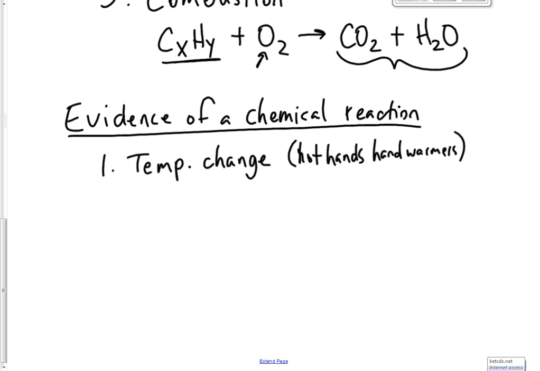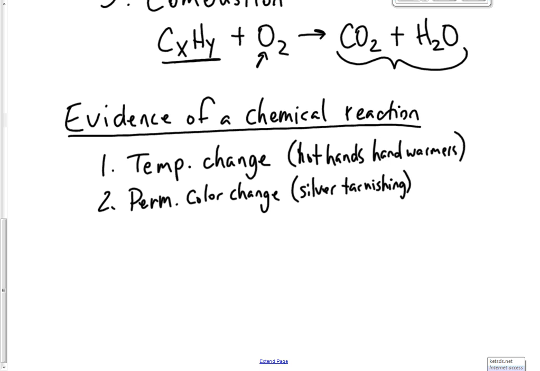Second is a permanent color change. Okay, so in the example of the metal, you have silver tarnishing, or iron rusting. Okay, so it turns a different color permanently. You can't get that back.